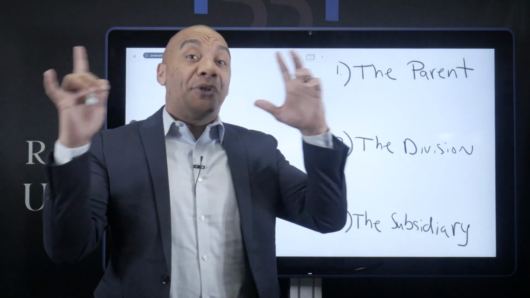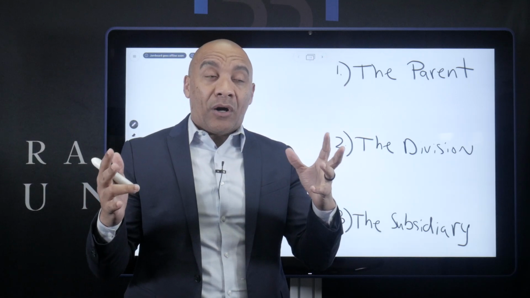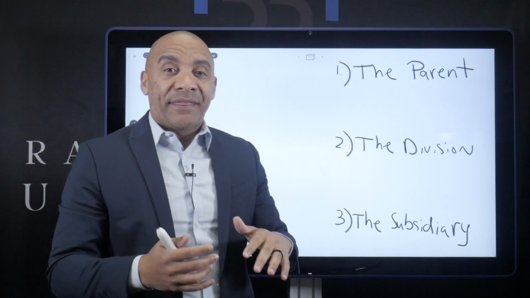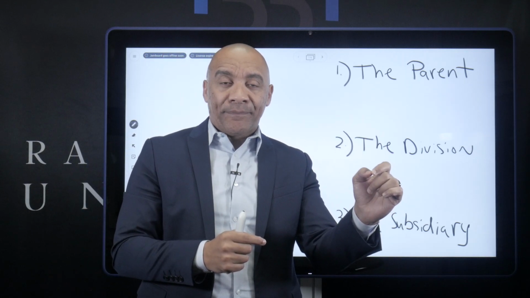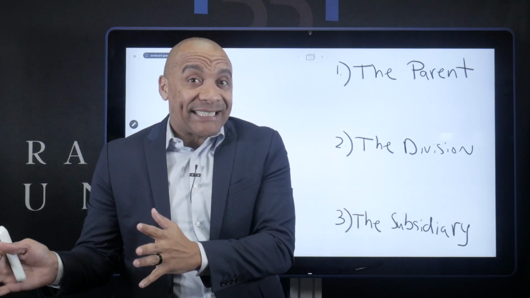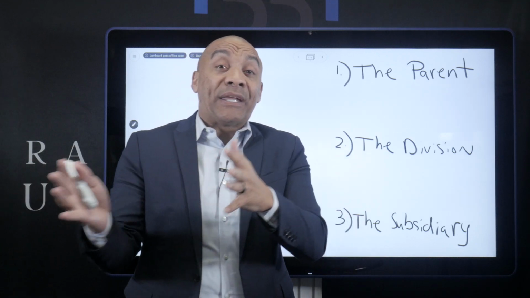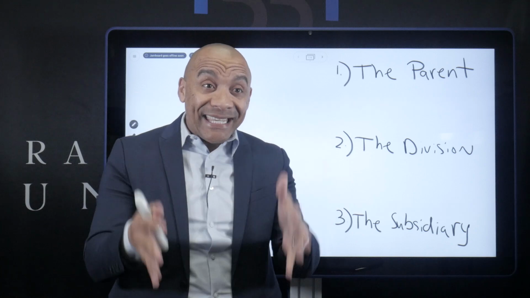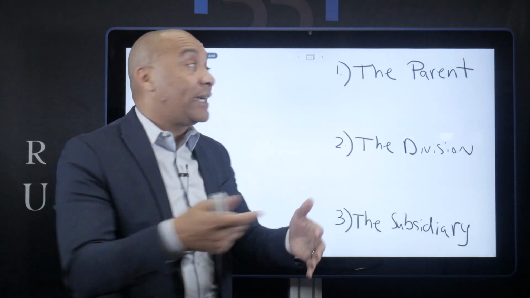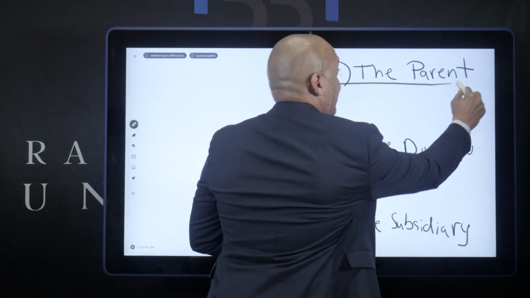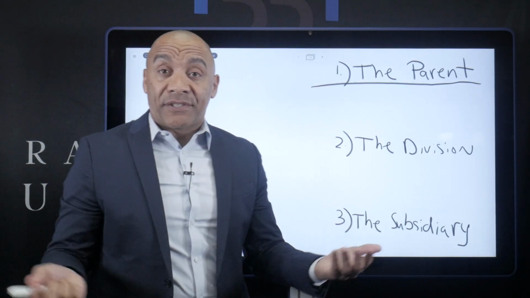So when you understand that holding company concept, then you're going to set up your first LLC, or if you already have existing LLCs, you may set up a new LLC, and this LLC is going to be designated as the holding company, which for all intents and purposes will be considered the parent.